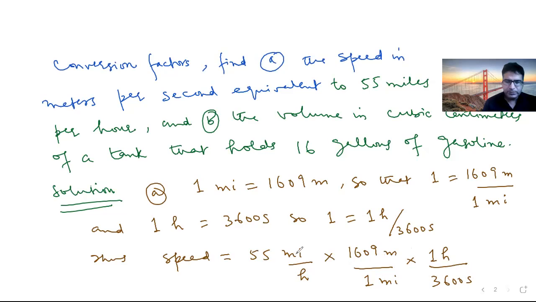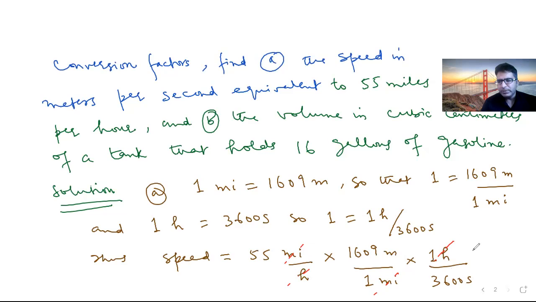This mile will go with this mile, right? And this hour will go with this hour. So what remains? Our unit is now meter in the numerator and second in the denominator. Now we have to find these numbers. We have to multiply 55 with 1609, then divide that by 3600, right?